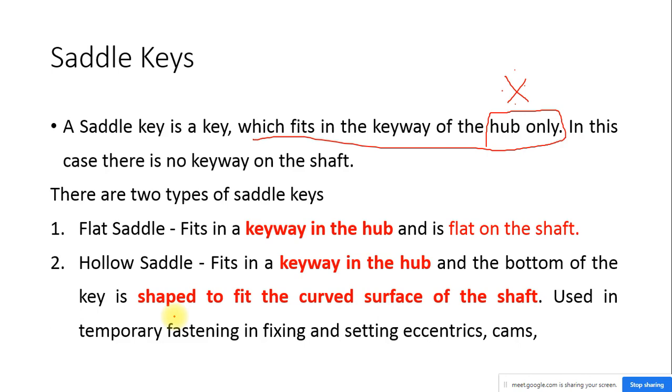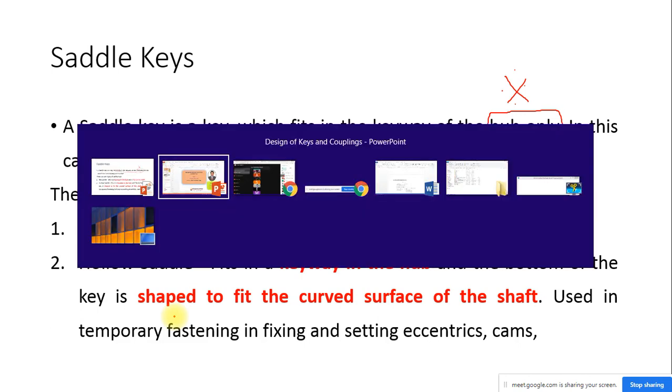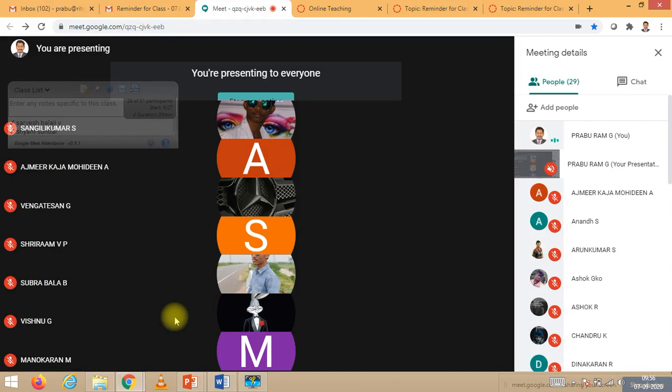If you have done the exercise in your machine drawing laboratory, you would have felt it very difficult whenever you are assembling the key. What difficulty would there be?